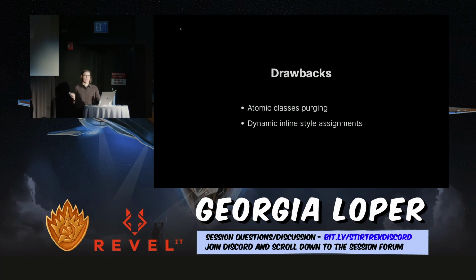Another drawback to vanilla-extract right now: there's no way to do dynamic inline style assignments. If you're familiar with Tailwind, they have a special syntax that allows you to effectively define any value that you want to be applied to some property, for properties that might not be heavily tokenized, like your width and height properties.